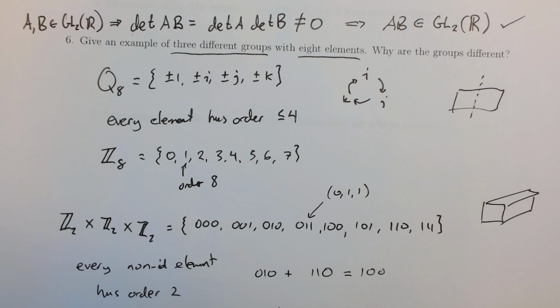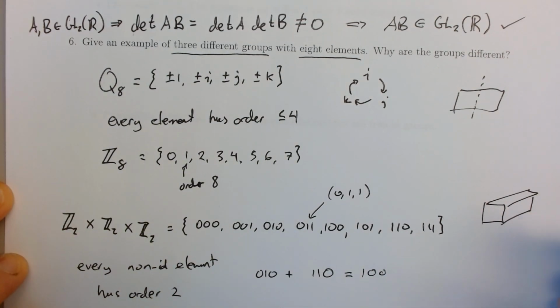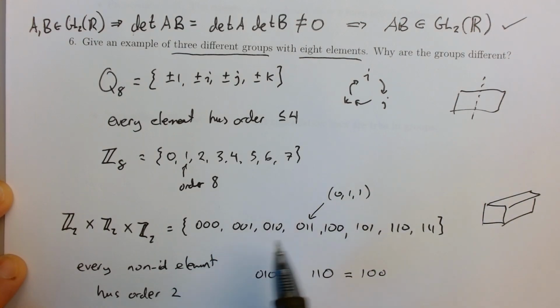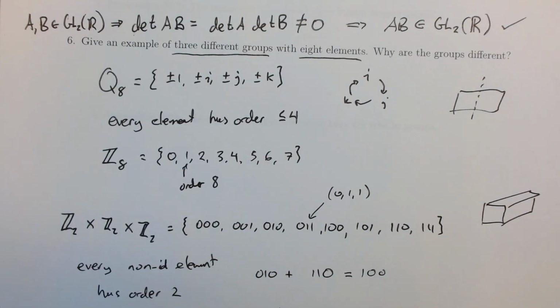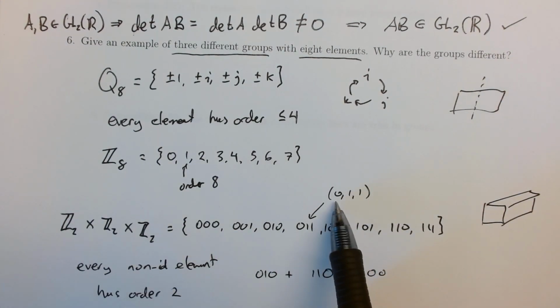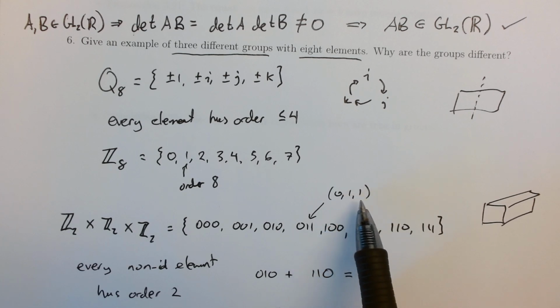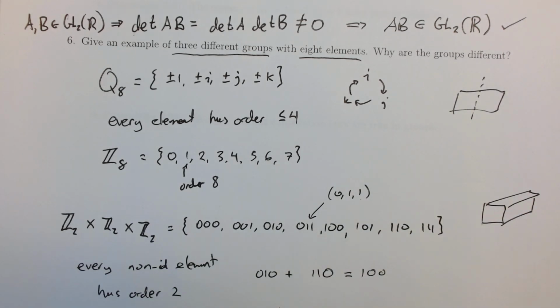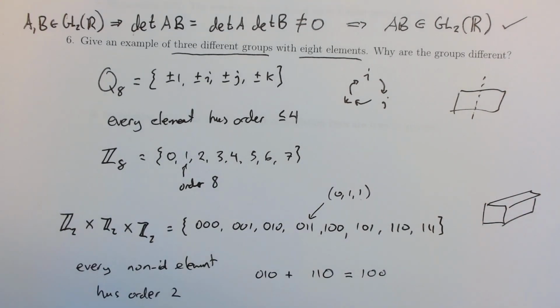Or you could think of that as rotating it through the fourth dimension. But if I think of it as a rigid thing, then I only have three things I could do. I could rotate it through the x-axis, the y-axis, or the z-axis. So each coordinate represents which one I'm rotating. So this would be not rotating it in the x-axis, but rotating it in y and z and seeing what you get. So this would be all the rigid symmetries of a rectangular prism or a box.